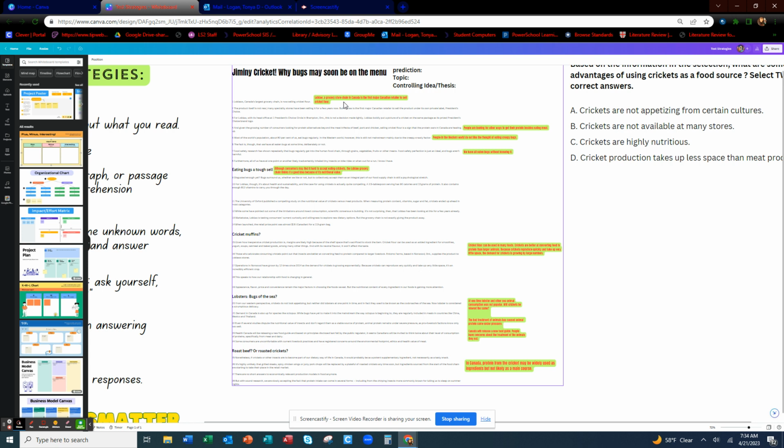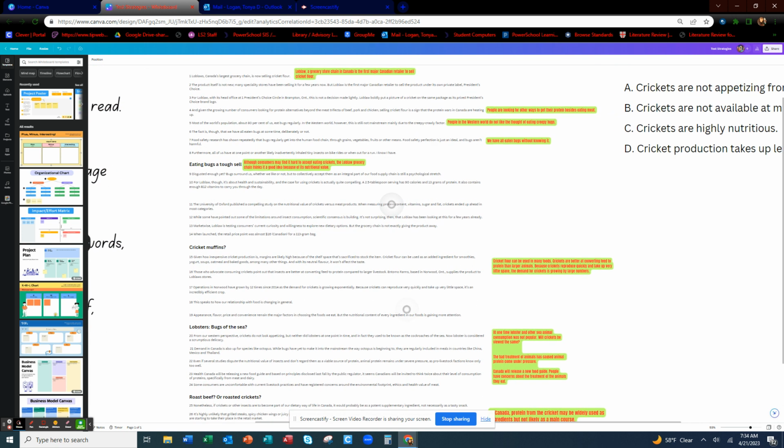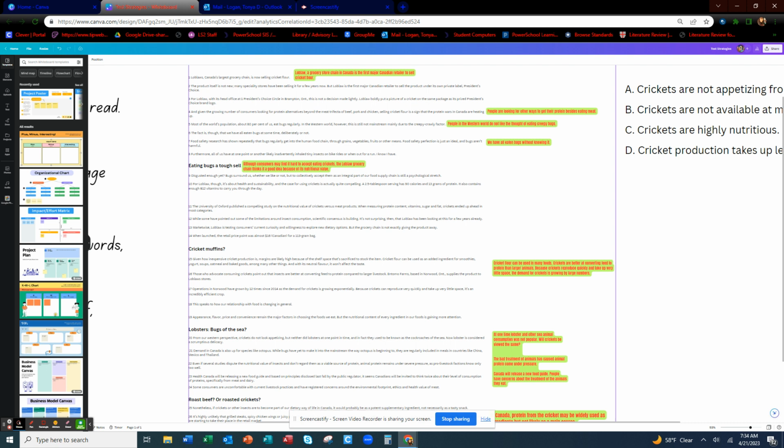For the most part, we chunk our annotations by the number of paragraphs that we have. But as you know, sometimes we have very short lines that are considered paragraphs. In that case, you can take several lines and chunk them together and just annotate about what you read from those lines.